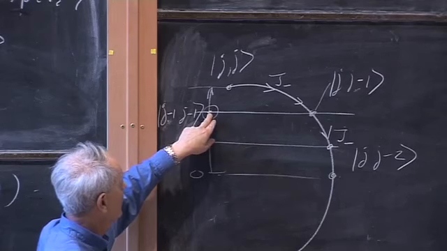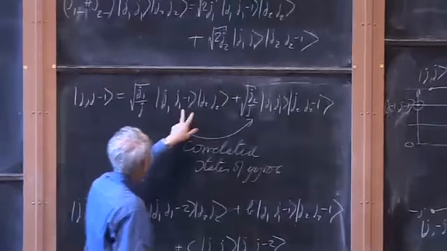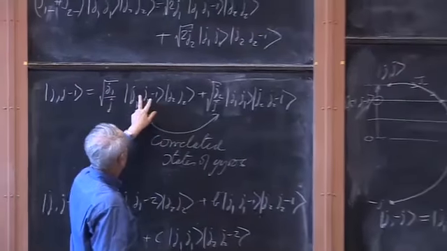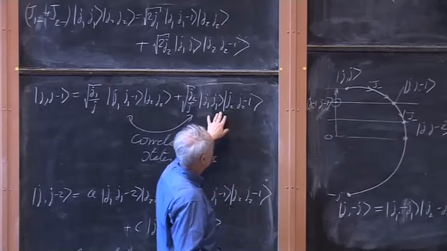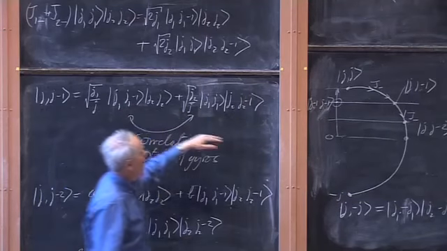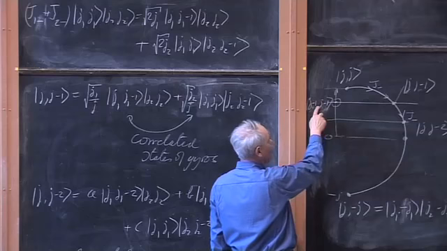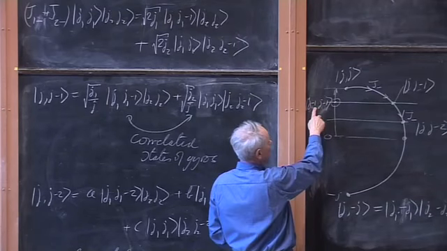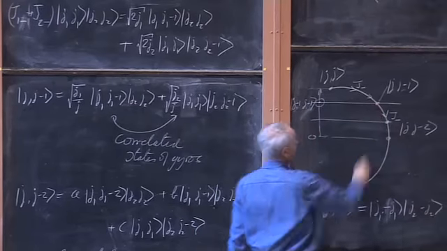That's this state here. This state is a linear combination of this state and this state. We've calculated it, in fact. And I argue on physical grounds that this state should be another linear combination, and it must be orthogonal to this because this is an eigenstate of the total j squared operator with an eigenvalue different from this.